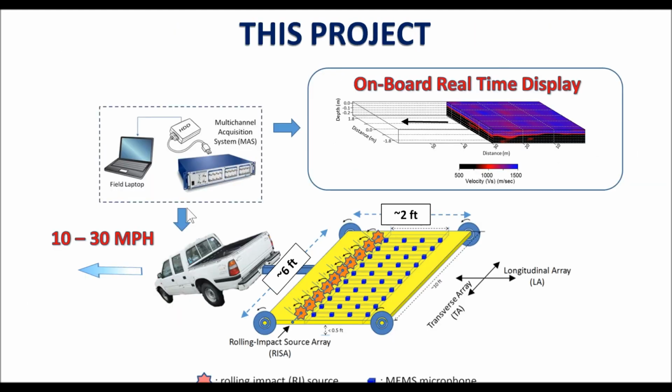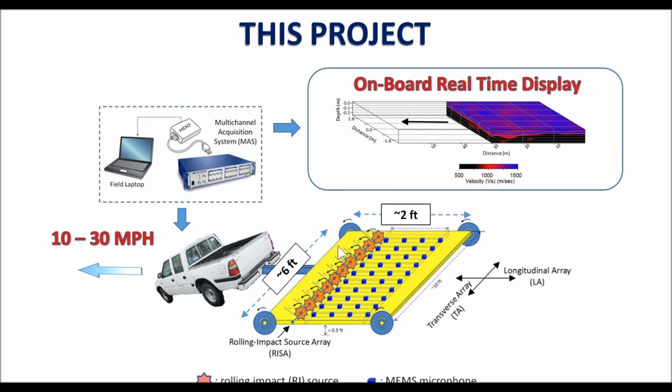So everything is ready, and we're going to build this system, and the hardware components will have this kind of 2D MEMS microphone array, which will consist of multiple longitudinal MEMS arrays arranged along the transverse direction so that it can cover about 1 lane of HMA pavement simultaneously.